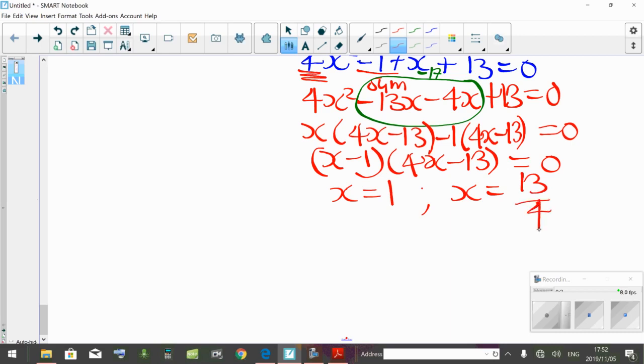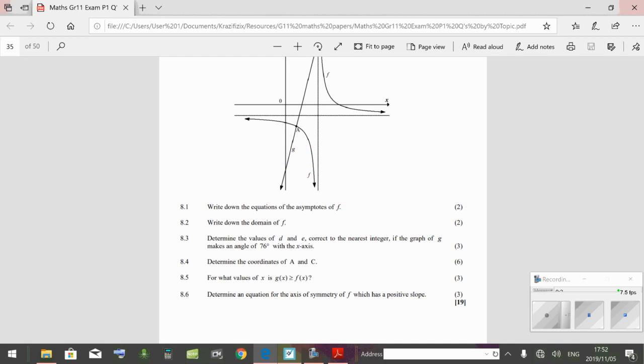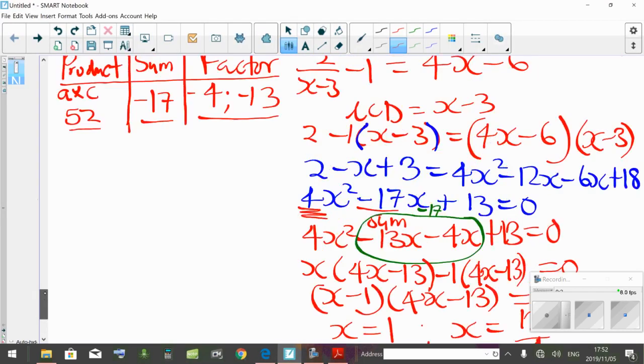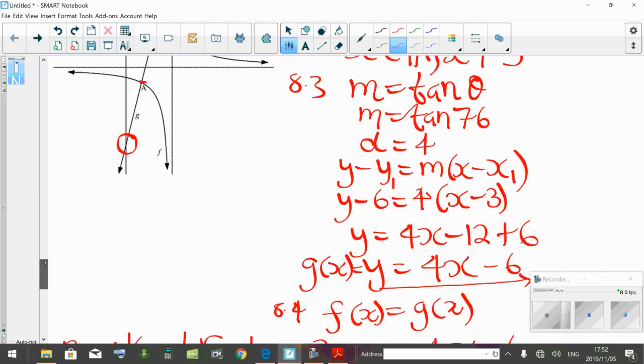Let's quickly go back to the question. The question says determine the coordinates of A and C. So we know that coordinates refers to x and y value.